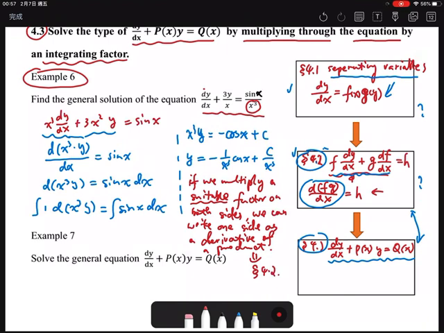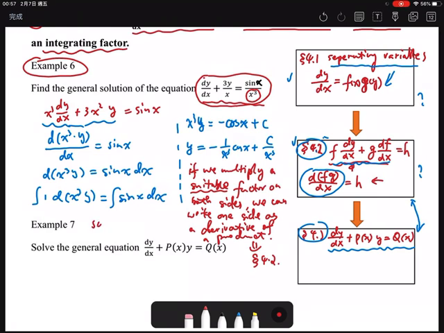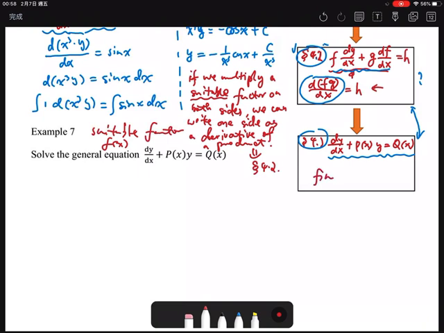So if we come across a differential equation which does not belong to type 1, but looks like type 2, we can multiply a suitable factor on both sides and make it type 2. So now we are going to find the suitable factor. What does the suitable factor look like?